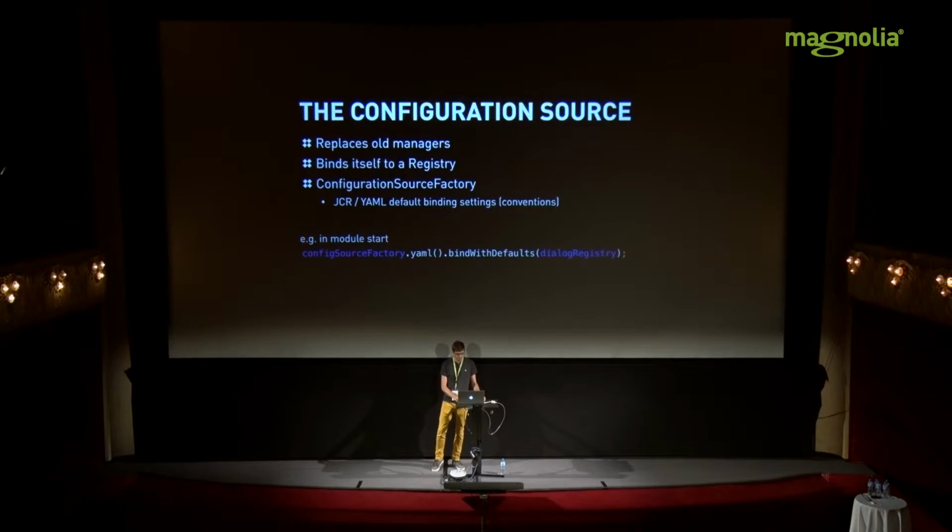And usually just binding a config source factory to a registry is a one-liner, as you see here. The bottom line is that you can actually implement your own configuration source if you want, let's say, to have config by JSON format or Groovy or whatnot. Then you could build upon that.